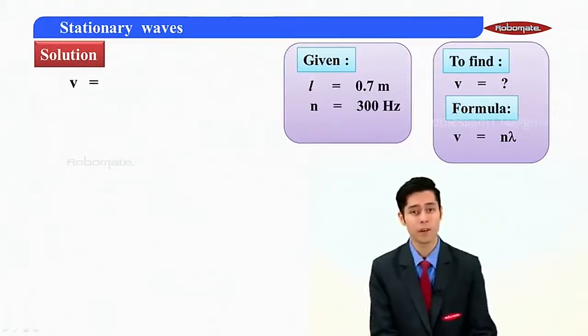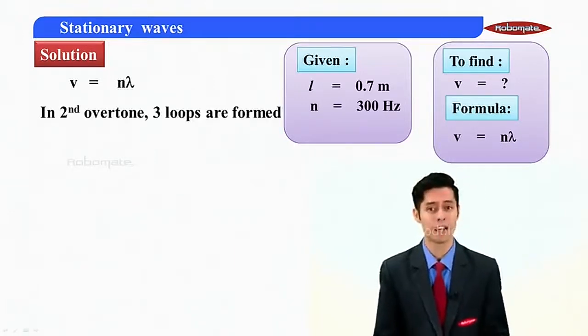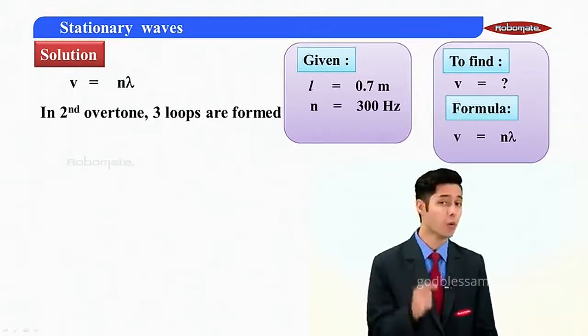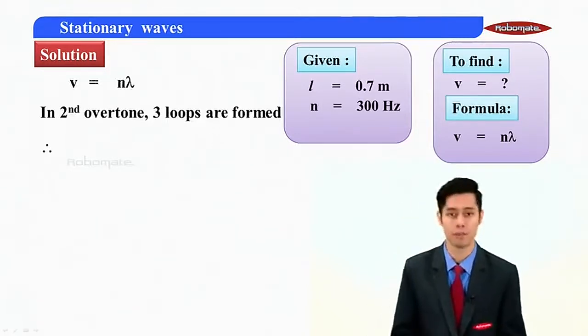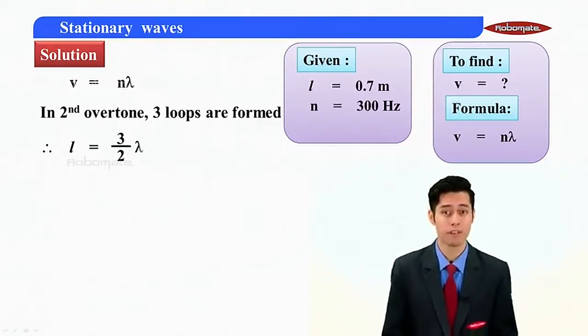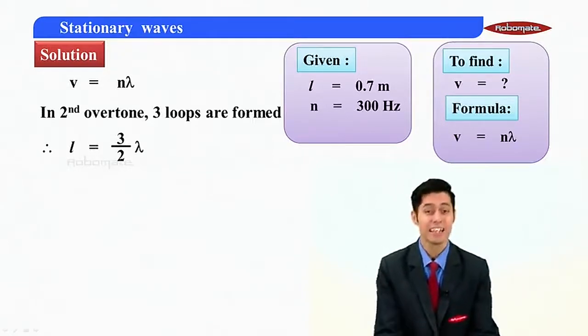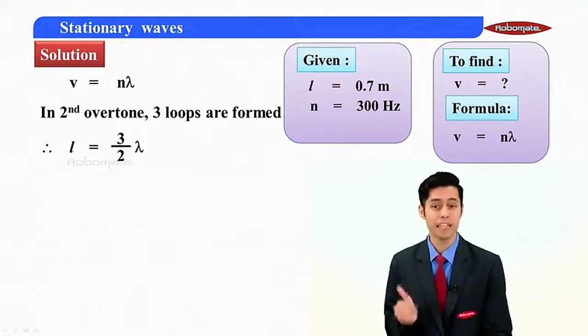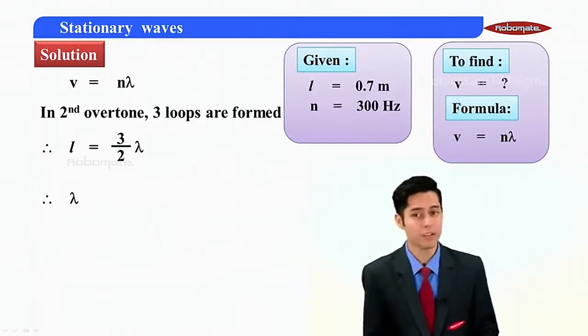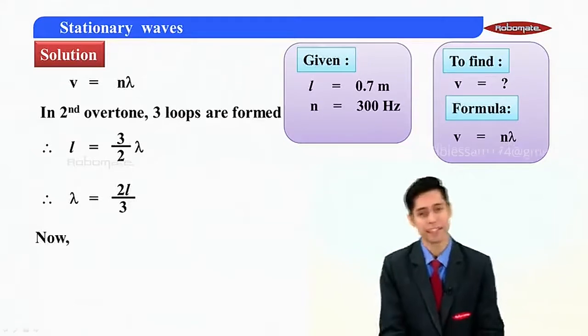To find the solution, we know that V is equal to n lambda, and since it is the second overtone, it means the third harmonic, that is 3 loops are formed. Since 3 loops are formed, the length is 3 multiplied by the length of one loop, that is lambda by 2. So L is 3 by 2 into lambda, and lambda will be 2L by 3.